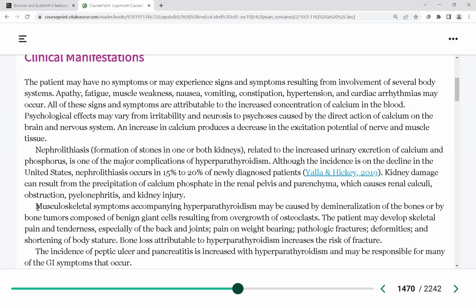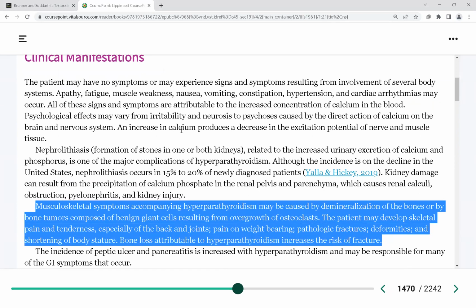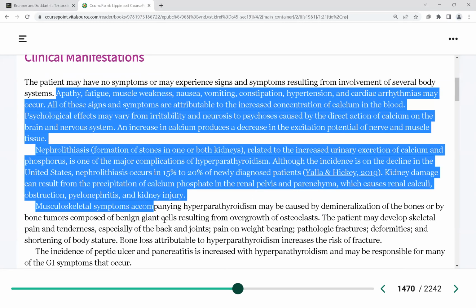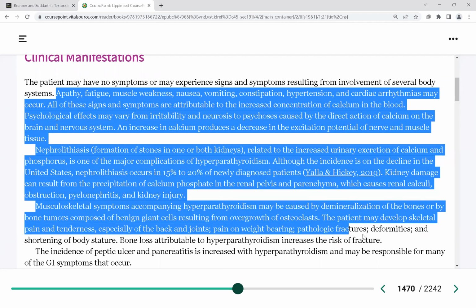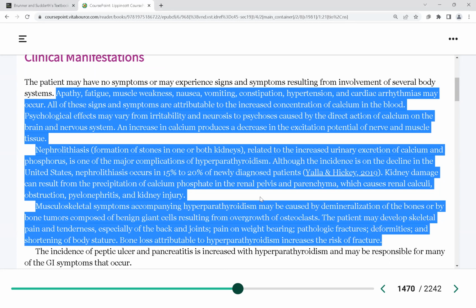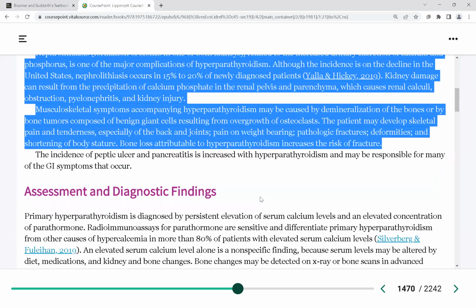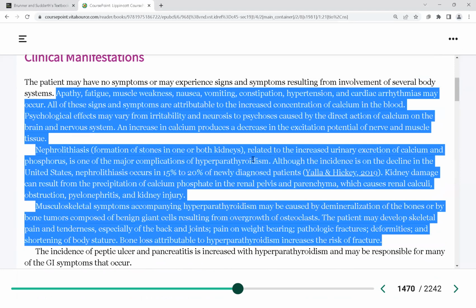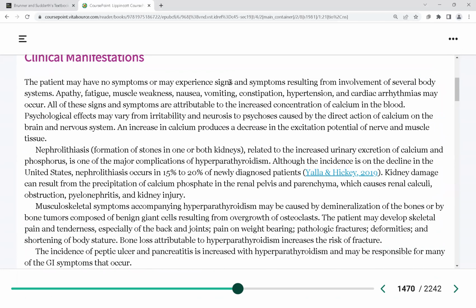Okay, it's not limited there. We still have manifestations here. So it's quite long. From there to here are your manifestations of hypercalcemia. Where did this calcium come from, by the way? What caused the calcium to rise? Where do we have calcium in our body?